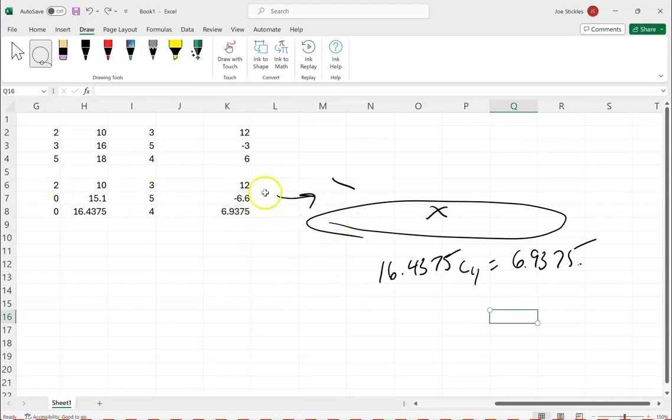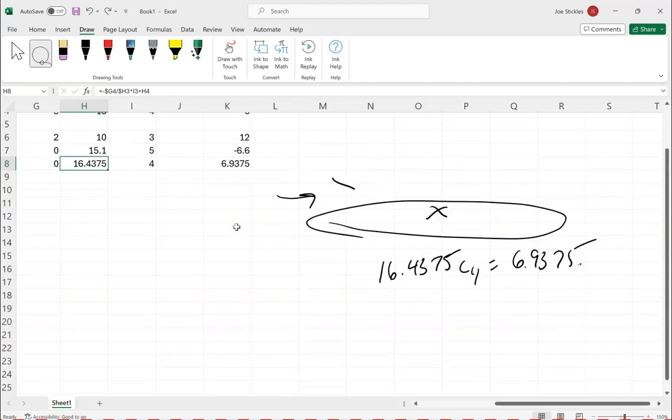All right. Anyway, what do we want to do now? I said we want to do this divided by this first, right? Let me scroll up a little bit. There we go. So to get this one, I want to do the K8 divided by the H8, what we have.